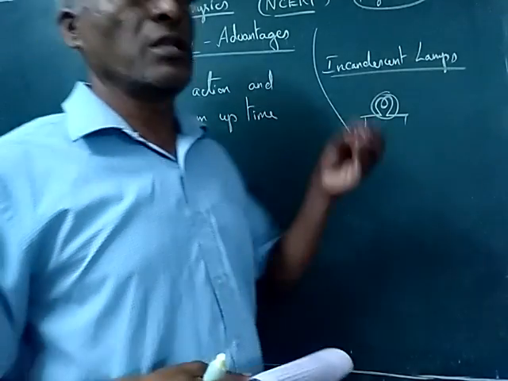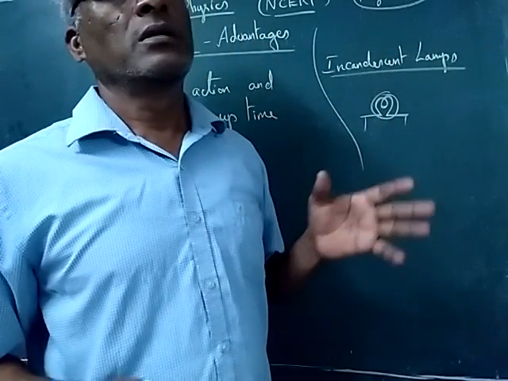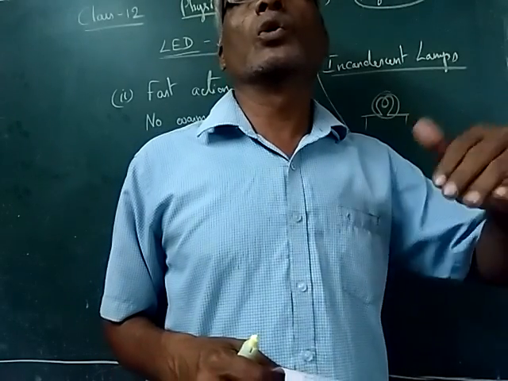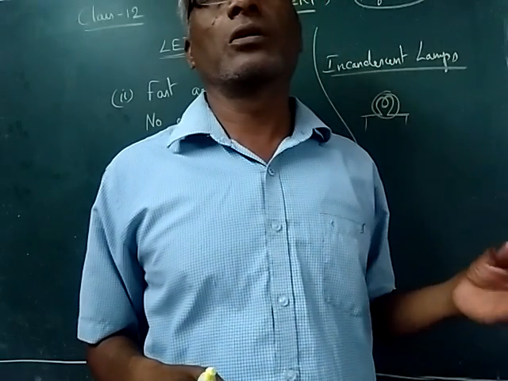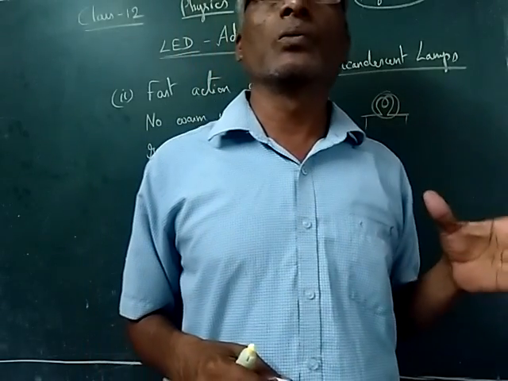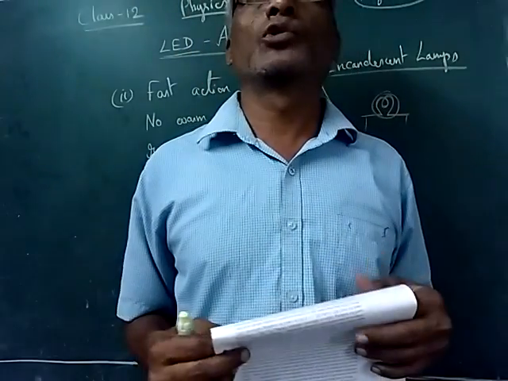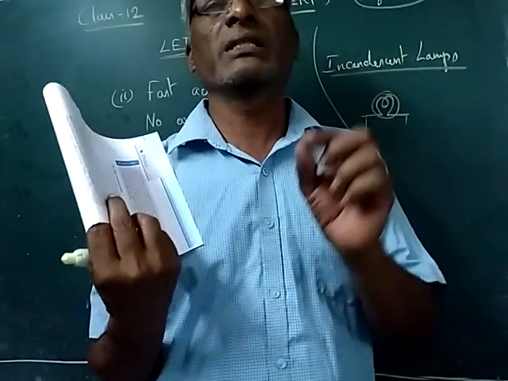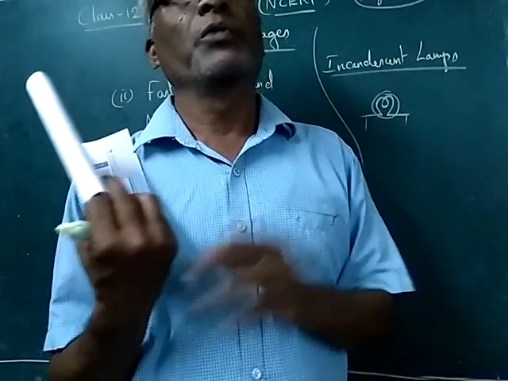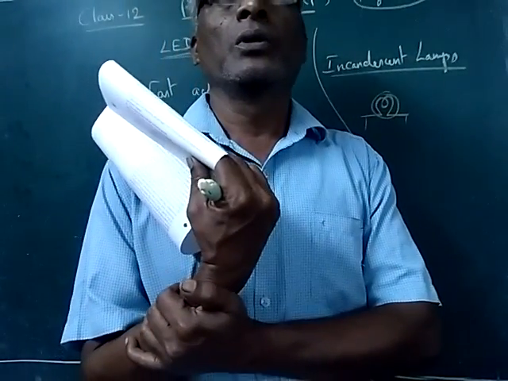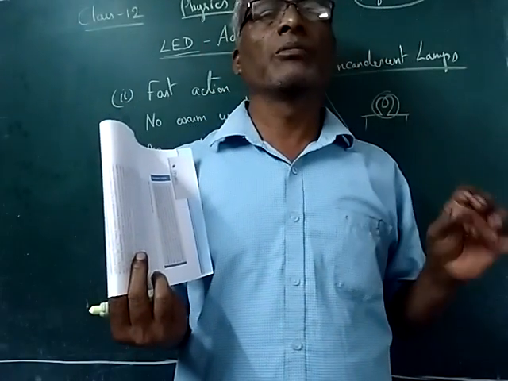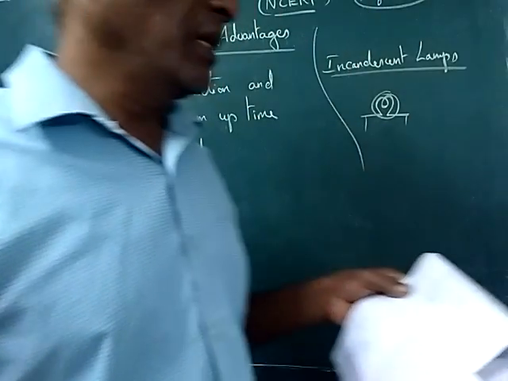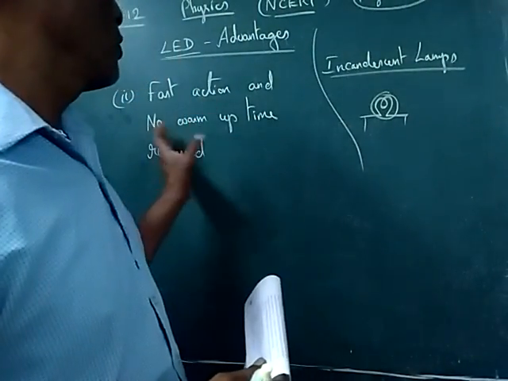The meaning of this is, the moment you switch on the power, when the switch is closed, the LED will glow. It won't take any time to warm up. Whereas a mercury vapor lamp or sodium vapor lamp will take some definite time before going into glow. But as far as LED is concerned, the moment you switch it on, it will start giving off light. So that is fast action and no warm-up time required.